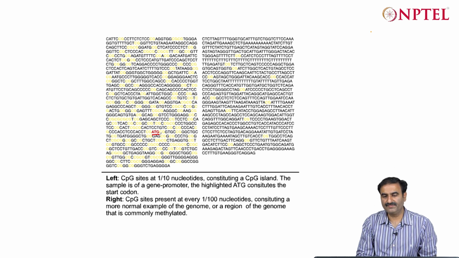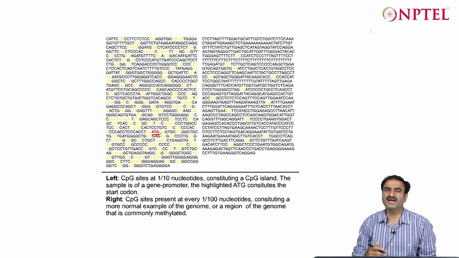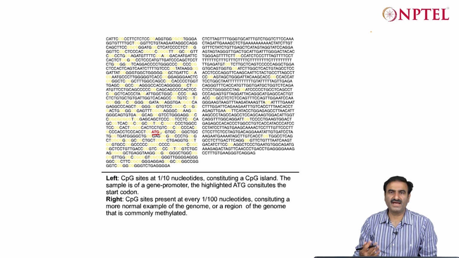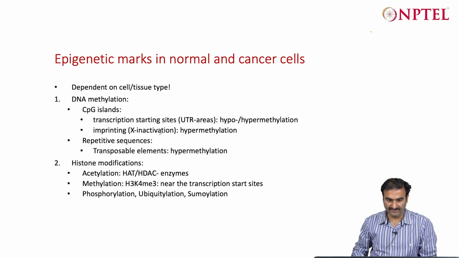So you can see it is a possibility that many of these CpGs may get methylated, and that may also be differential among different states and individuals, and that can be associated with various diseases.